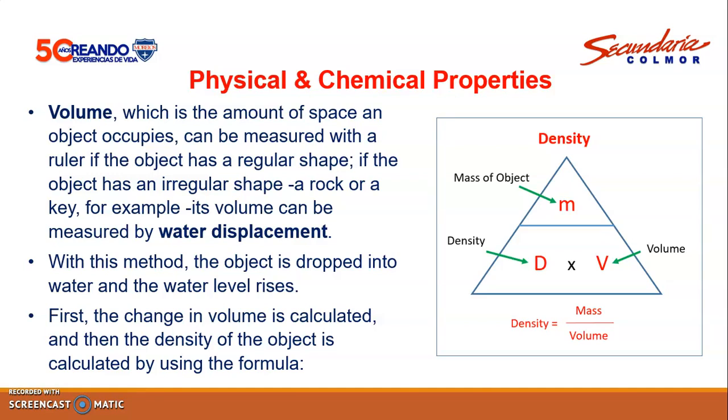So here density equals mass divided by the volume. But if you want to calculate the volume, you can divide the mass by the density. And again, if you want to calculate the mass of an object, you only have to multiply density times the volume. Okay, so that is the formula.